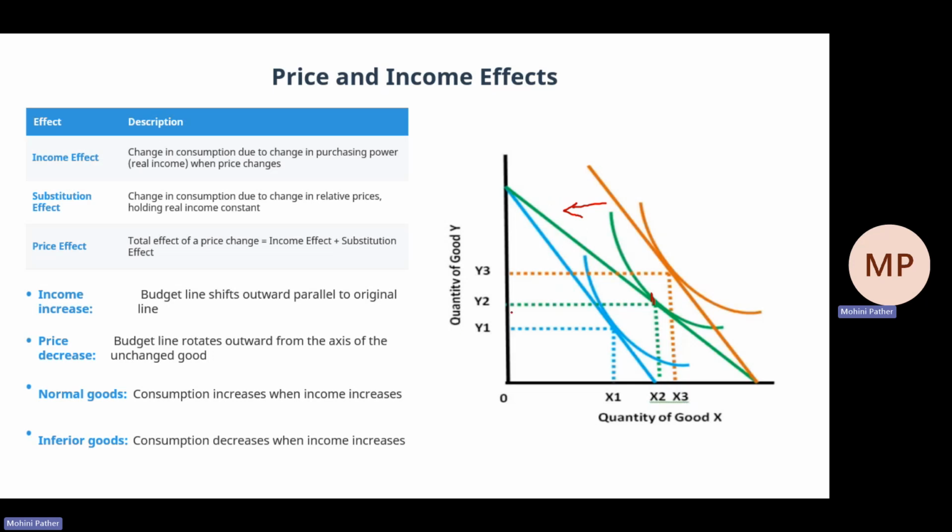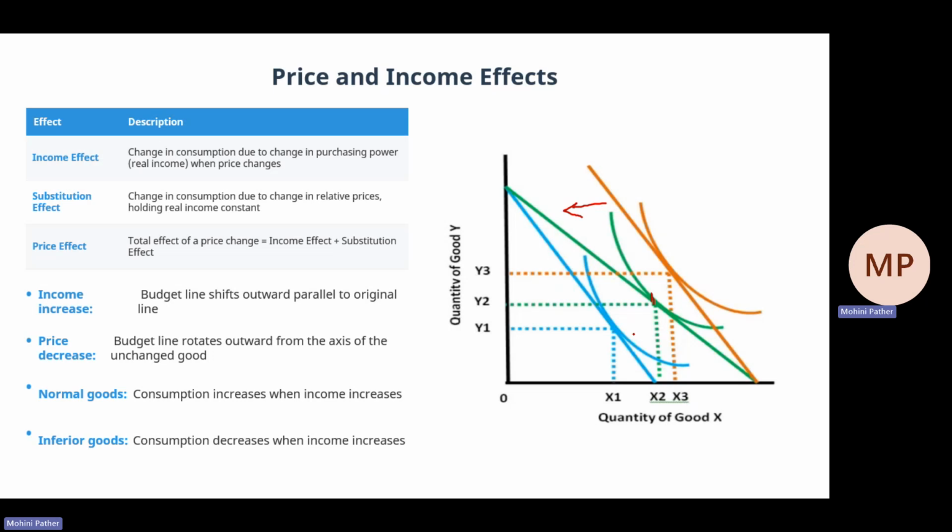Okay. On the other hand, if there's a massive increase in the price of good X, you'll see that your preference again shifts lower. You are now consuming comparatively less of good X than you are of good Y, because it is now relatively more expensive.